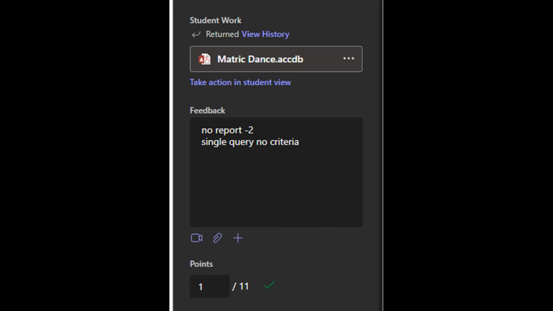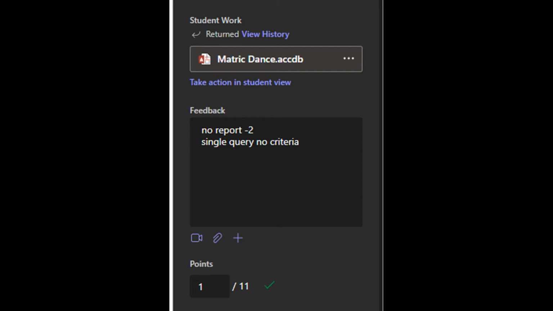So if we look at this example, a student has uploaded a database, and the question was very much about adding queries to the database and creating a report. And you can see here in the screenshot in the feedback comments that no report was attached and that only a single query was created, and there were no criteria in that query.